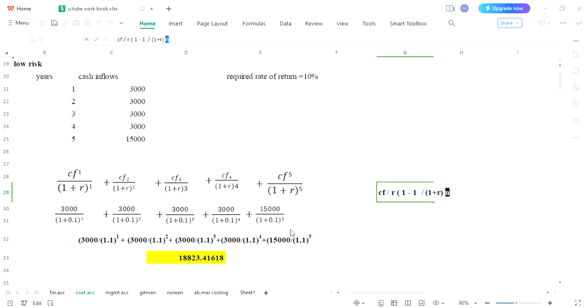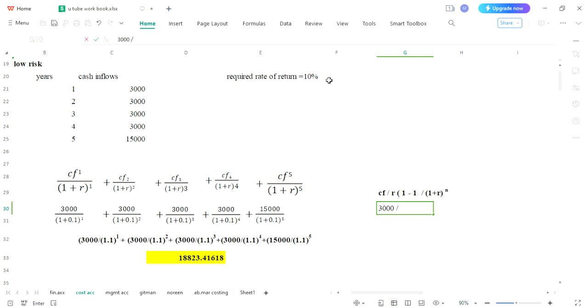And why we have written this collective formula? Because as you know that first cash flow 3000, 3000, 3000, 3000. For similar sort of cash flows we can use this formula, and instead of writing 1 2 3 4 formulas, you can put that amount once. Cash flow same 3000 was, and then you need to divide with r.